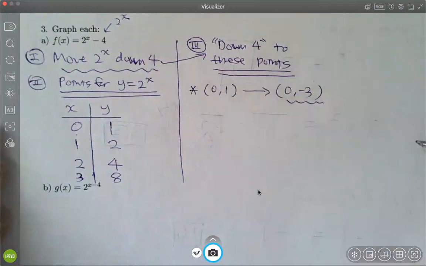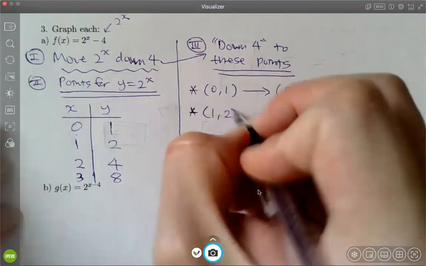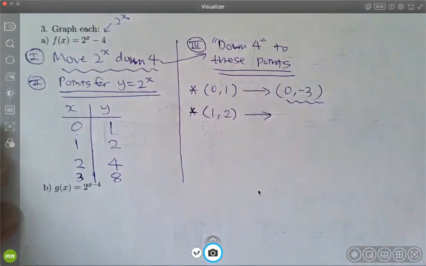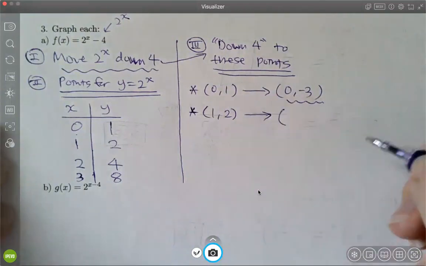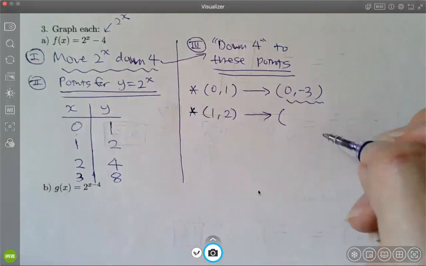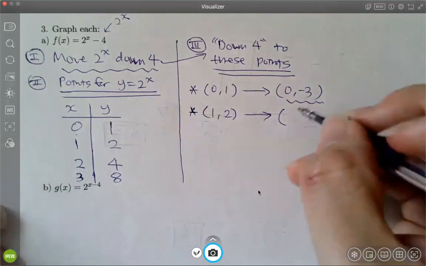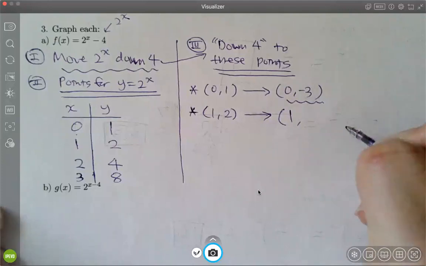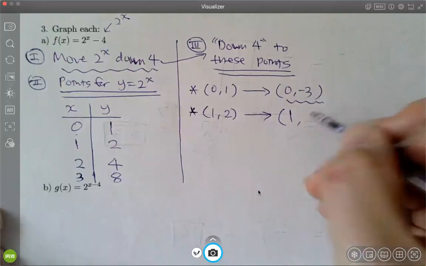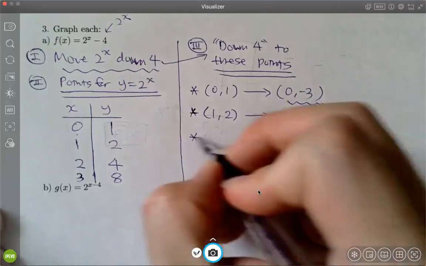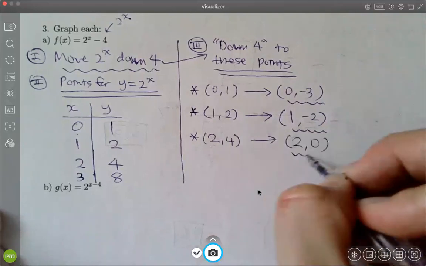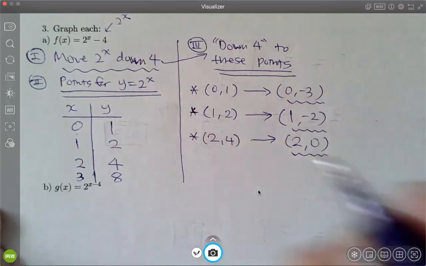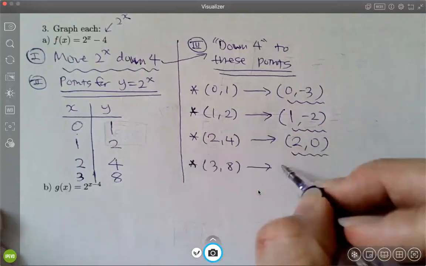Because you subtract 4 from 1. And then 1, 2. You go down 4, so where are you? 1, and then 2 minus 4, so it's negative 2. And then 2, 4, and then you go down 4, so you are at 2, 0, right? And then the last one, 3, 8, so that means you are at 3, 4, right?